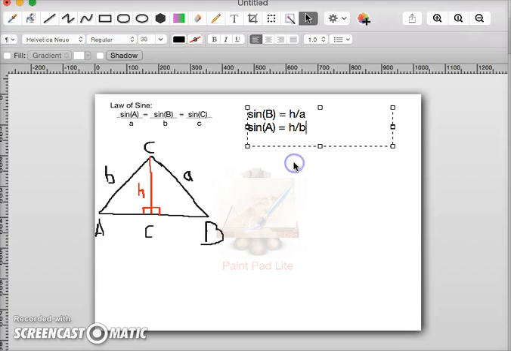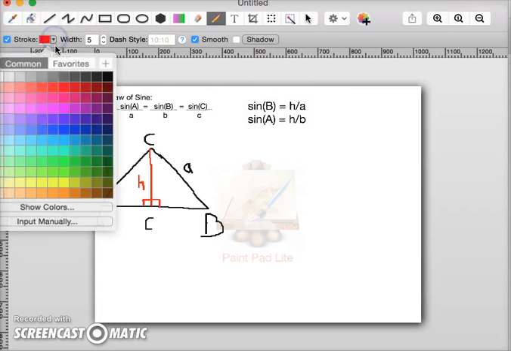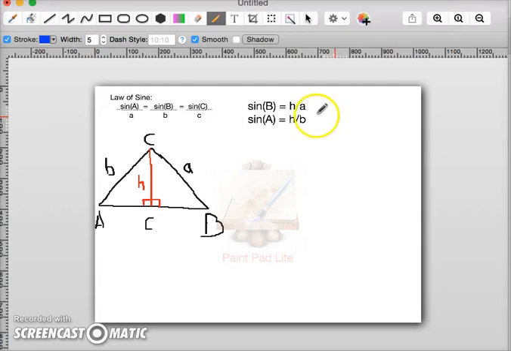Now we're going to multiply the top equation by a on both sides to get rid of that denominator. And for the bottom equation, we're going to multiply both sides by b to get rid of the b in the denominator.